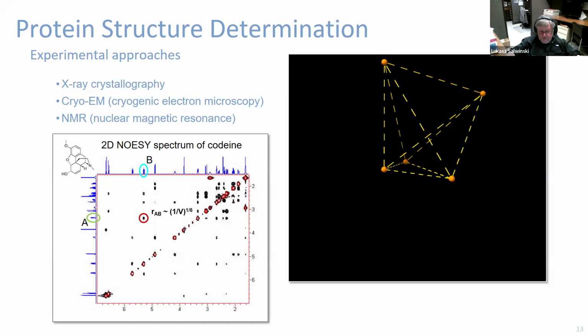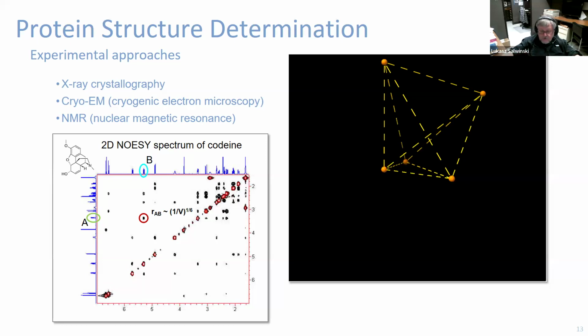The advantage here is you don't have to grow crystals, you don't have to prepare grids. The disadvantage is that proteins can't be too large. There are a number of reasons. One is, as I said, the large proteins have a very complicated spectrum, so you can't sort out which peak corresponds to which residue.